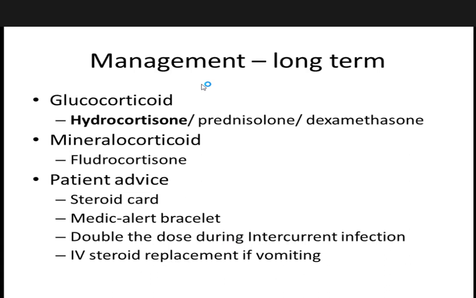So in that instance, you can't straight away go and replace thyroxine. First, you have to give hydrocortisone and look after the adrenal part before starting thyroxine. If you give thyroxine, things can get really worse.